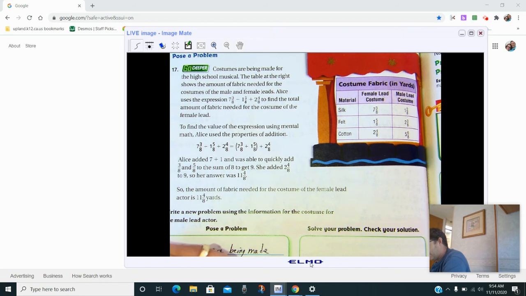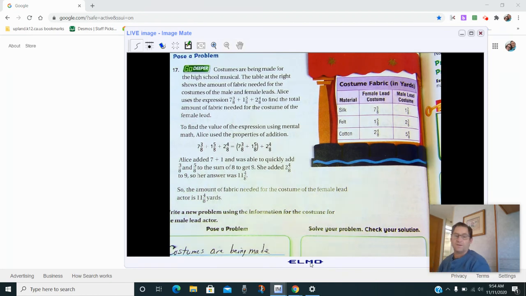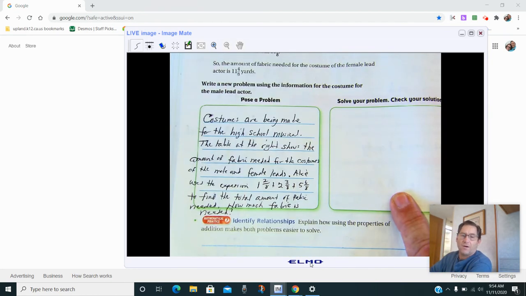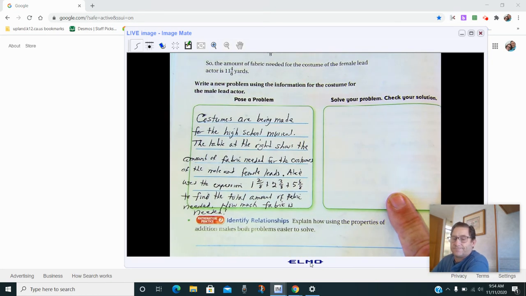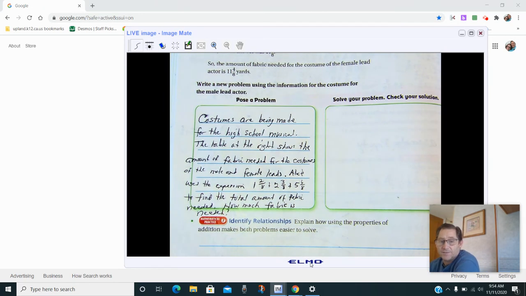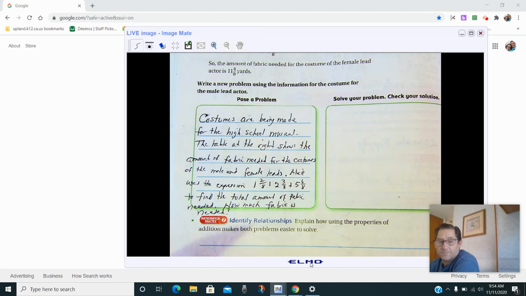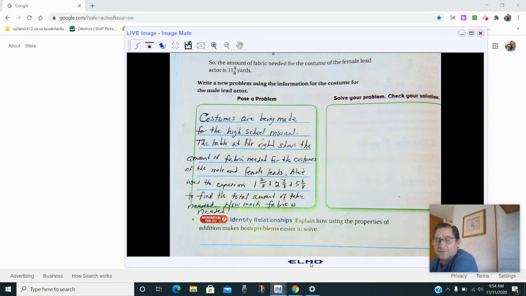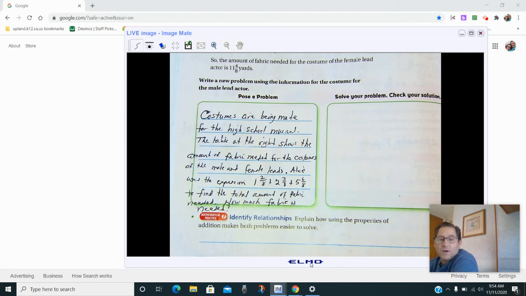How much fabric is needed? All right, so basically I just used the same question as 17 except focused on the male mixed numbers needed, the amount of fabric needed for the male costumes. So how much fabric is needed?